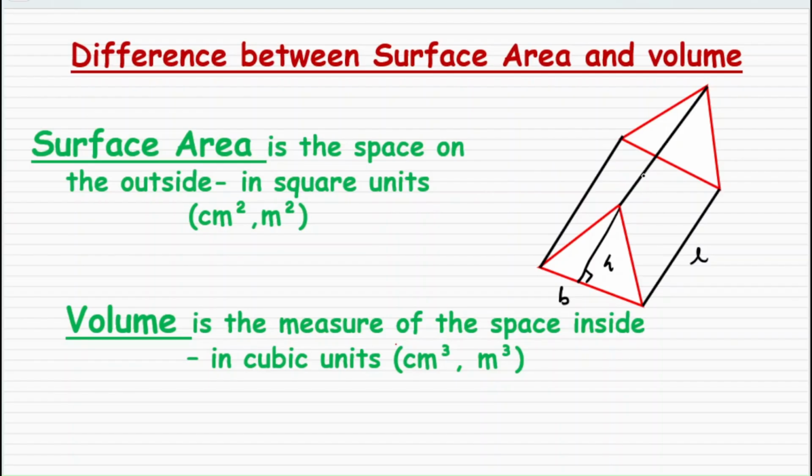Surface area is always measured in square units, centimeter square, meter square. Volume is always measured in cubic units, centimeter cube, meter cube. So volume tells us how much this prism can hold, and surface area tells us how much material, how much paint you need for the outside.